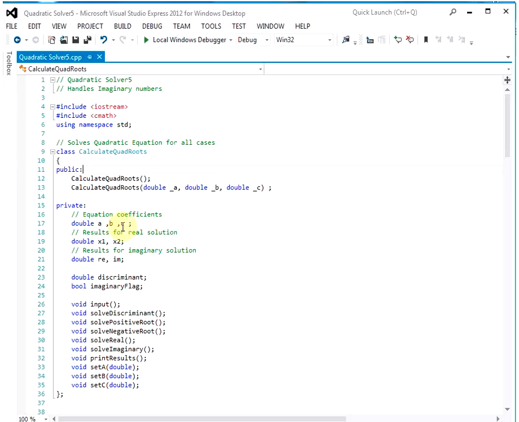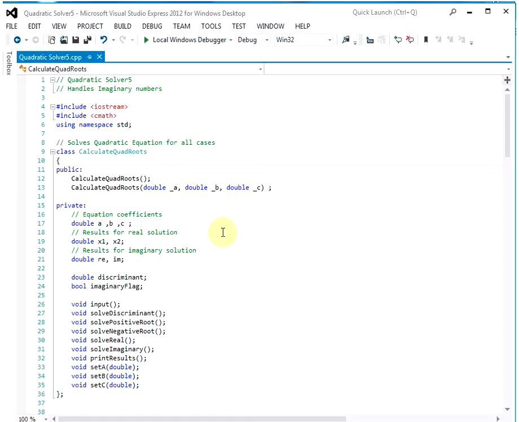The first thing I have in my private values are those coefficients a, b, and c. There are two ways I can get them in. One is I can call this first constructor, and that will prompt you to input them. The second is I can lay them out in my second constructor. Either way, whichever way you like, and I'll go through that in detail.